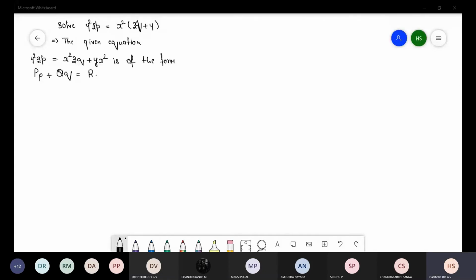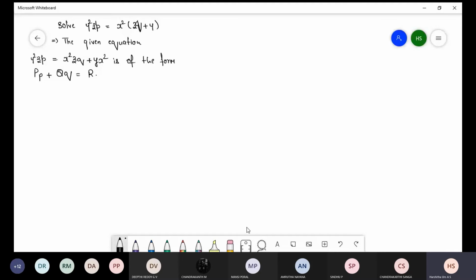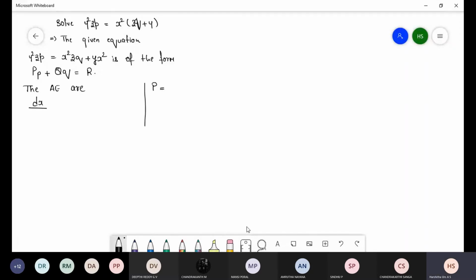In next line, we have to write the auxiliary equation. The auxiliary equations are dx divided by capital P, our capital P is equal to y square into z.